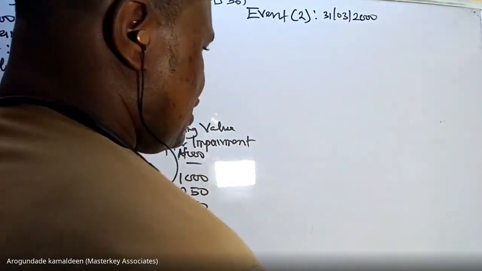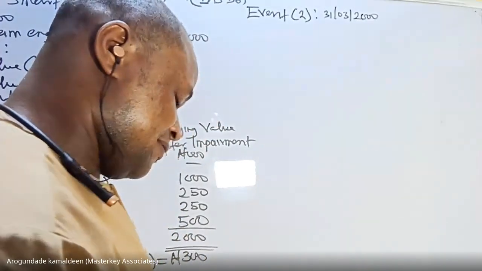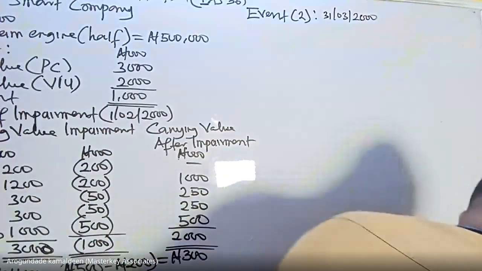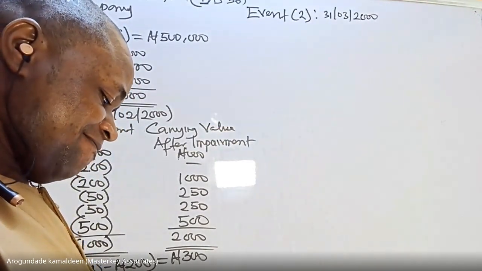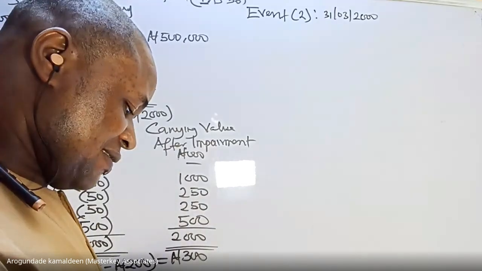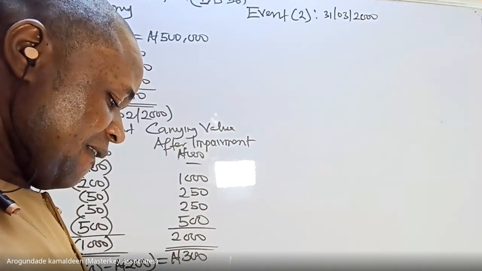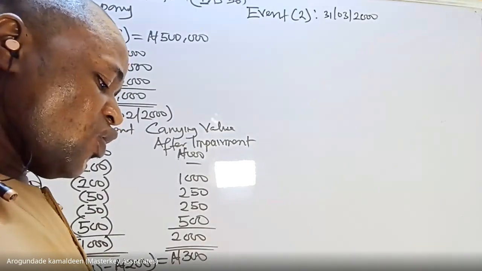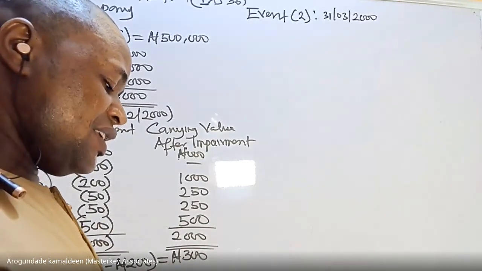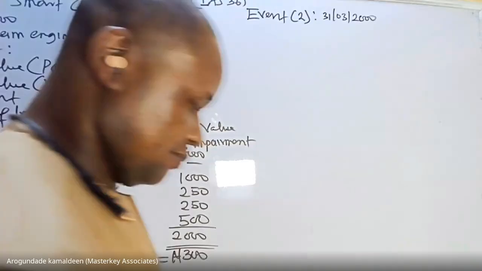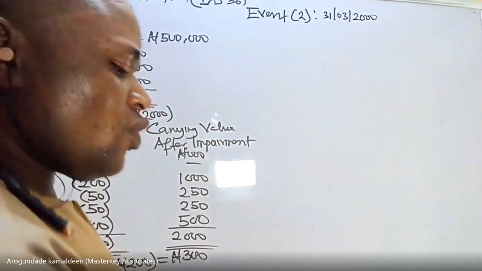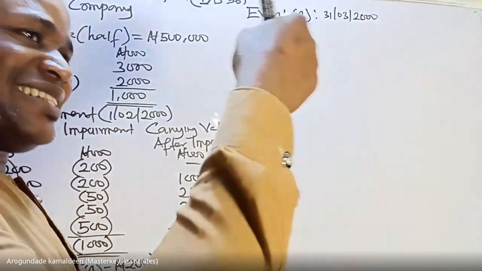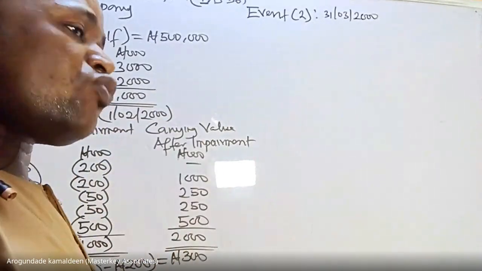Now, if you check there, it was reassessed that the value of the business on 31st March 2000 was 1.8 million. And when event one happened, the value was 2 million. But now, what happened later reduced the value from 2 million to 1.8 million.